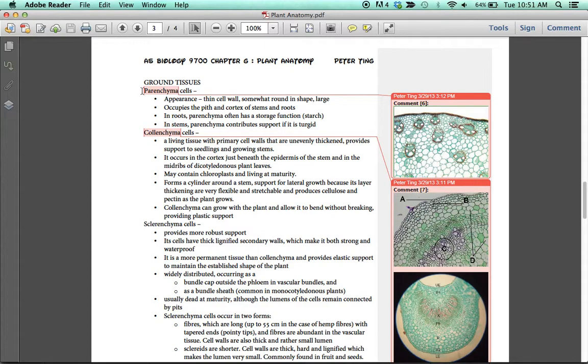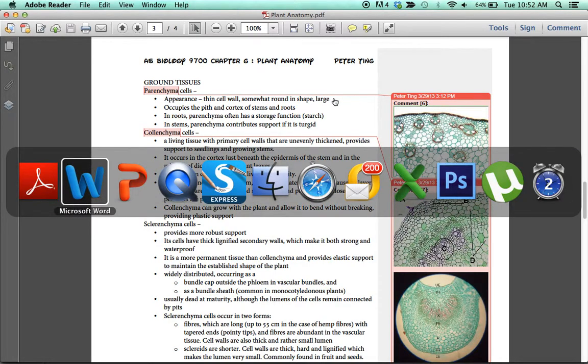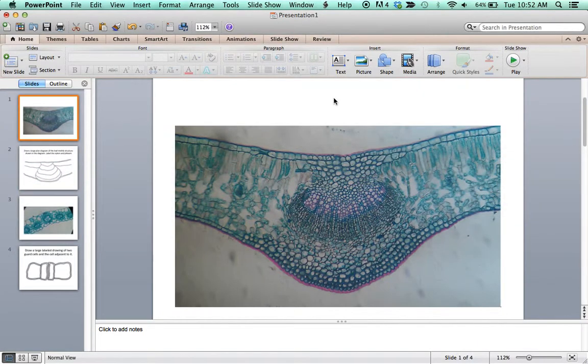Parenchyma cells have thin cell walls, are somewhat round in shape, and are relatively large too. So if you look back into this structure, the cells here have thick cell walls.